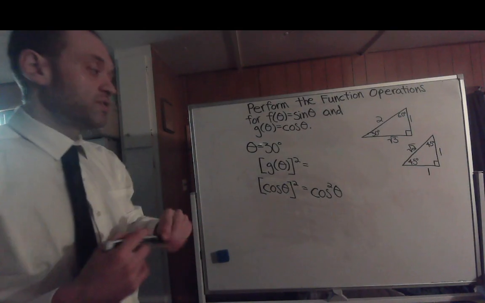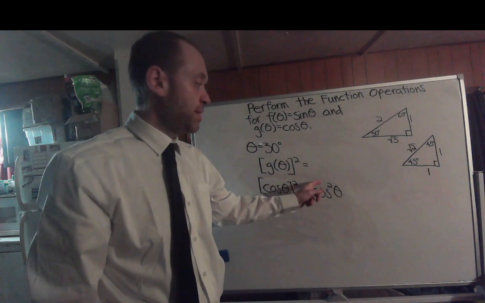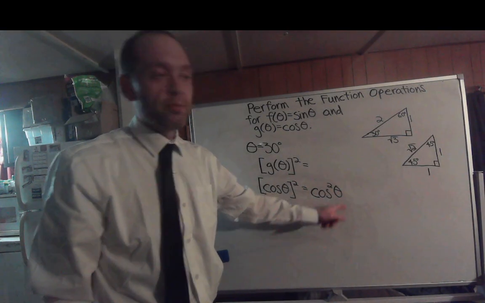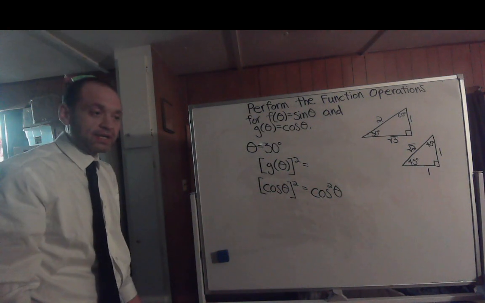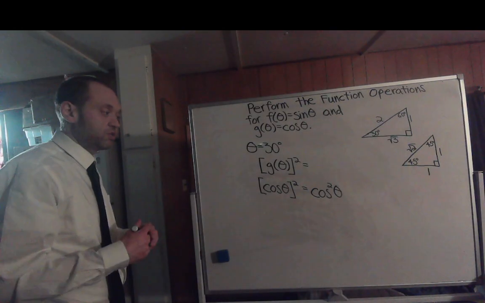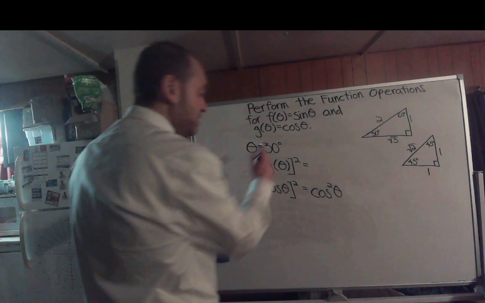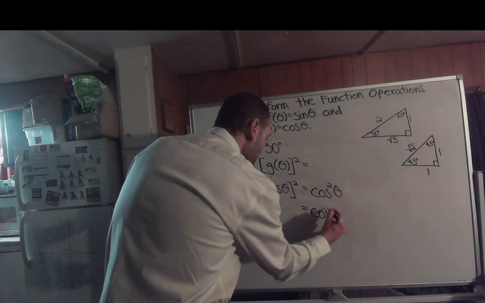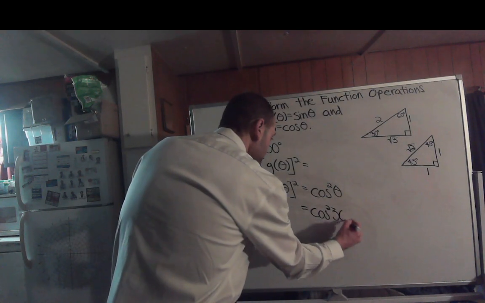Trigonometric functions are the only functions where you have that power in between the three letters and the variable you're using. I don't know why that is, but that's what mathematicians found conventional to do for trig functions. Theta in this case is 30 degrees, so that's going to be the cosine squared of 30 degrees.